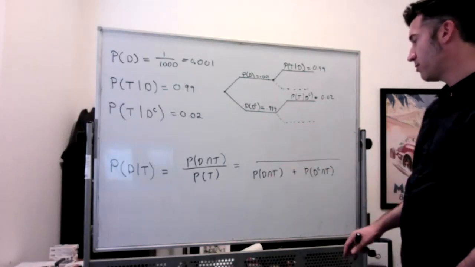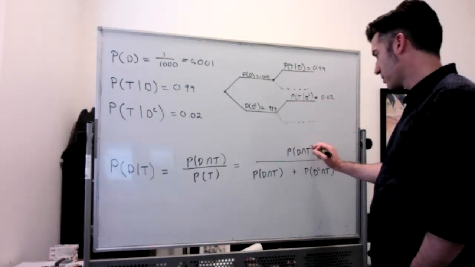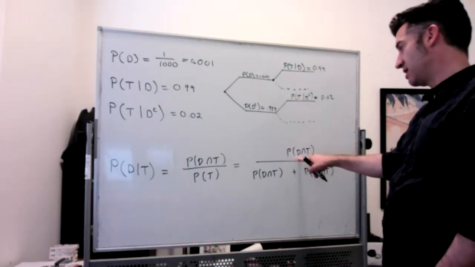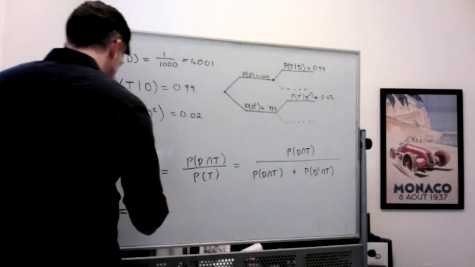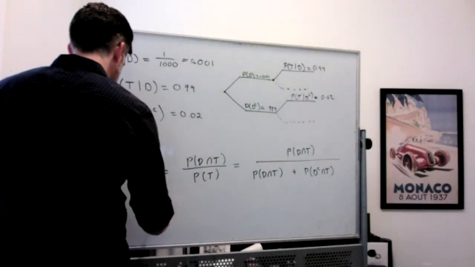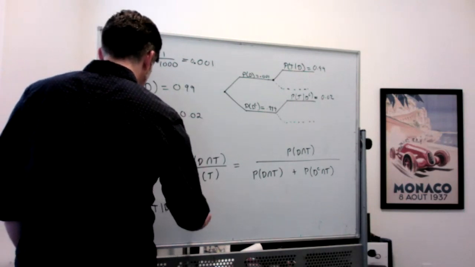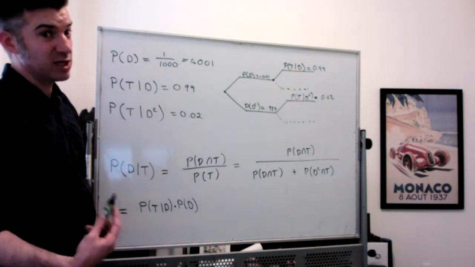And on top, we have this as well. Okay, but then the probability of having the disease and testing positive is just the probability that you test positive given that you have the disease times the probability that you have the disease. At least that's one way of writing it. And that's the way we want to write it because that's the information we have.